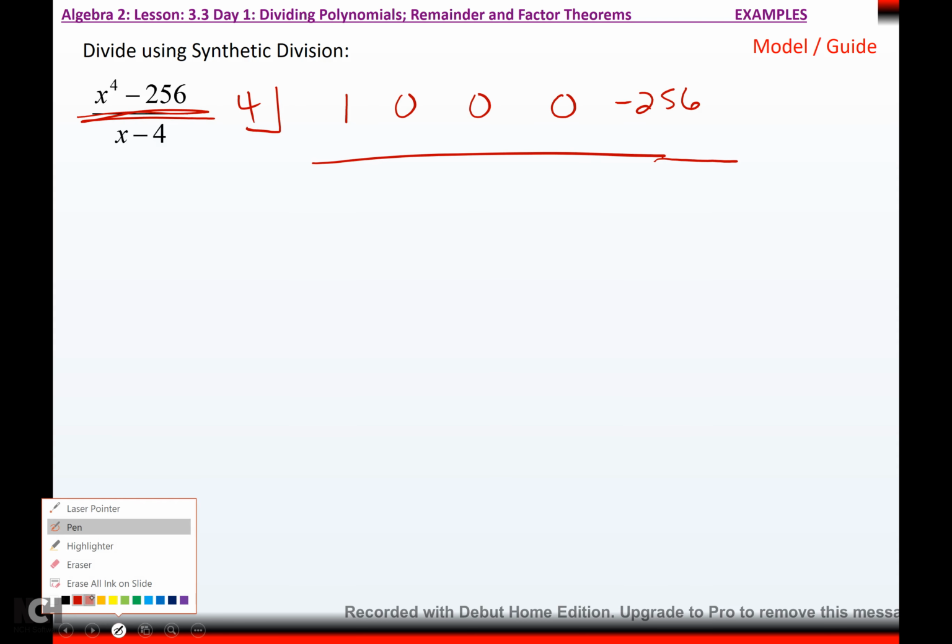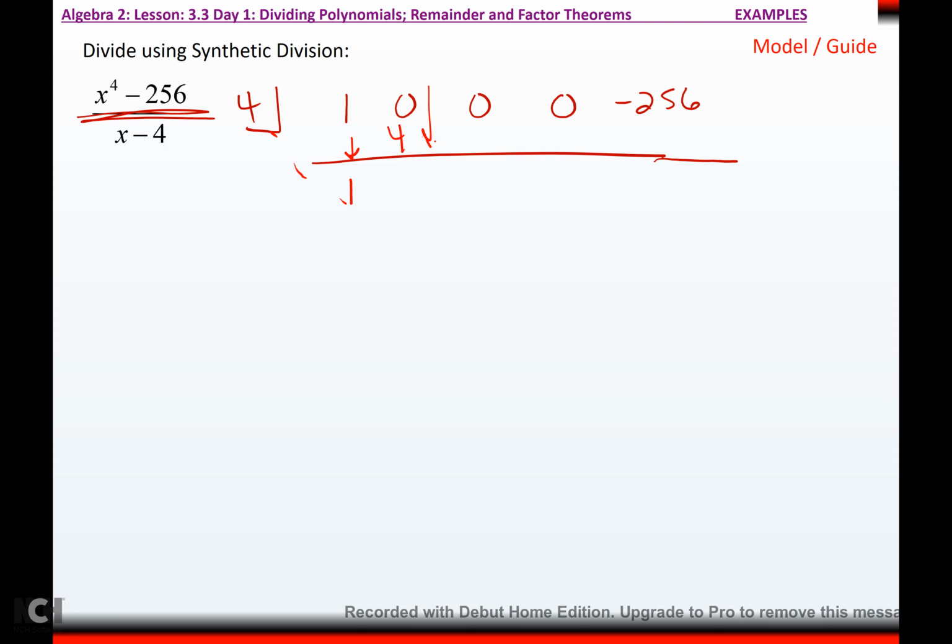Okay, so 1 comes out, brings back 4, 0 eats 4, comes out 4, times 4, brings back 16, 0 eats 16, comes out 16, times 4 is 64, 0 eats 64, comes out 64, times 4 is 256, negative 256 eats positive 256. Wait, 64 times 4, yeah, 256.